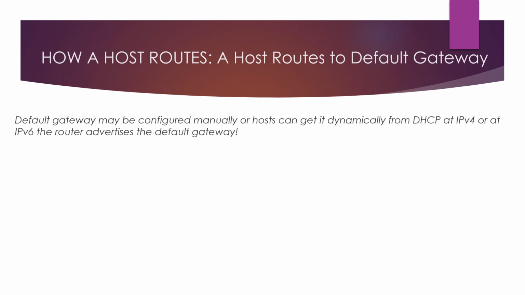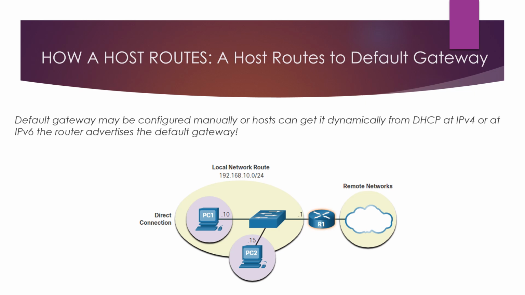As you can see in this figure, PC1 and PC2 have the same default gateway, 192.168.10.1, which is the IP address of the router interface that is connected to this local network.